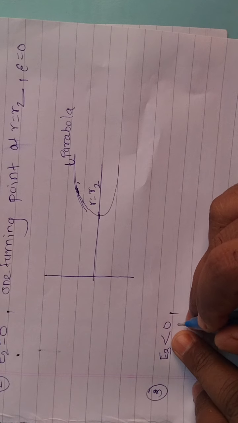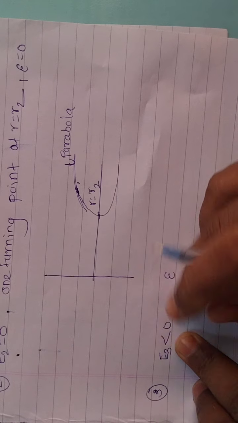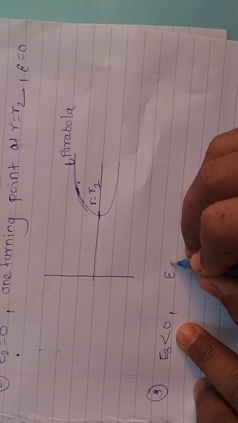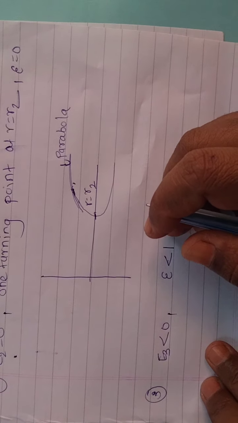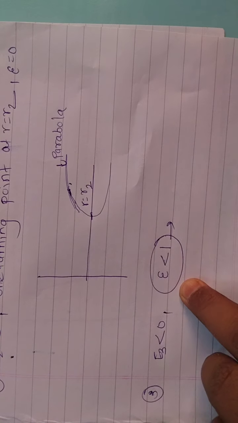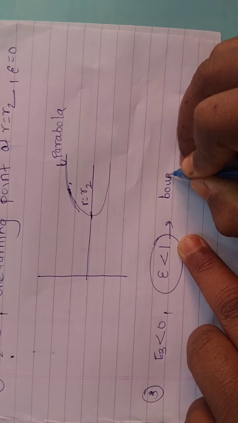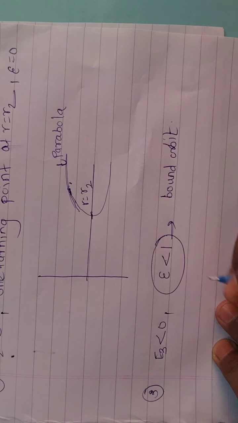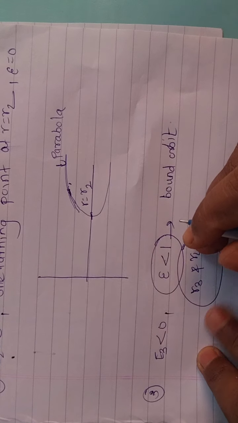E3 is less than 0, and we put this value in the eccentricity equation. The eccentricity becomes less than 1. So this eccentricity value says this orbit is a bound orbit. There are two intercepts r3 and r4, that is, two turning points.